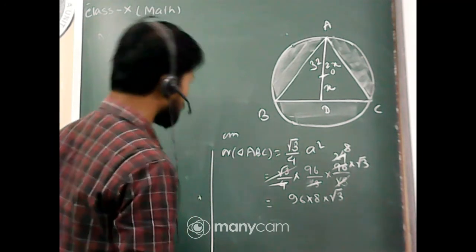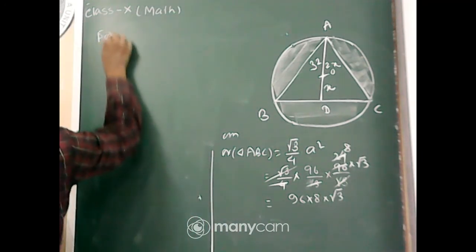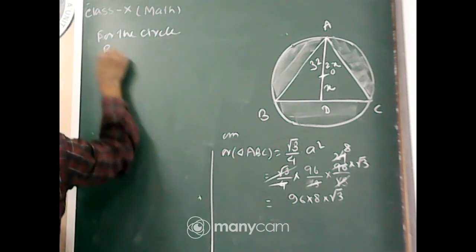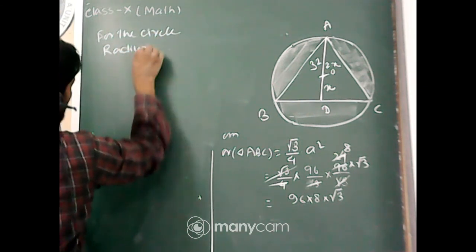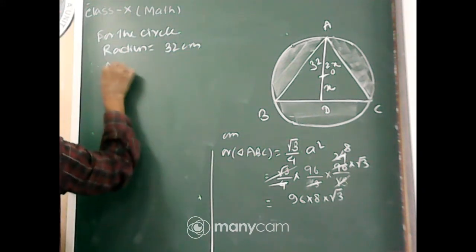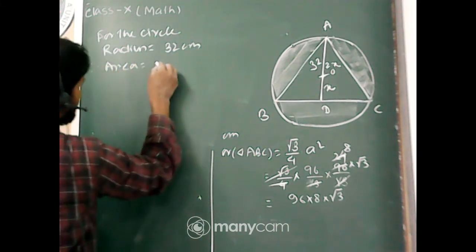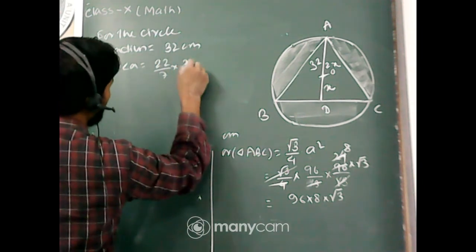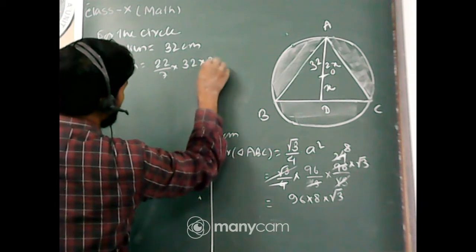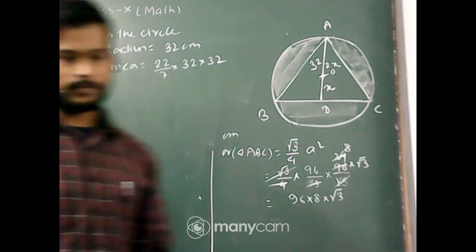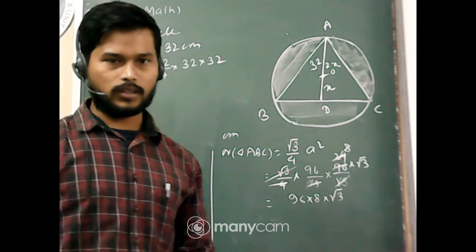For the circle, radius is given as 32 centimeter. So find the area. Area is equal to pi r square, that is 22 by 7 into 32 into 32.